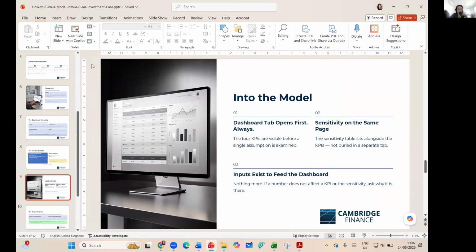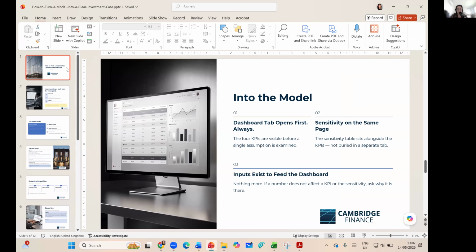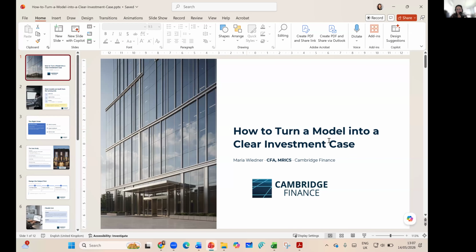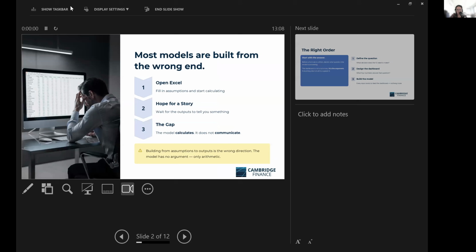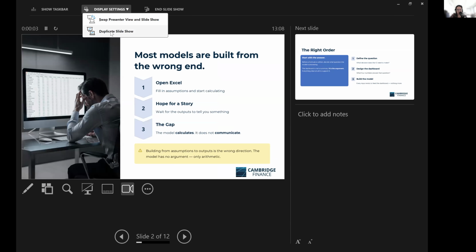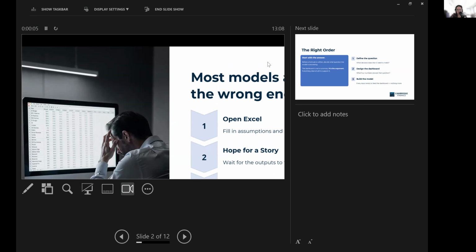So what we want to talk about here is how to turn this scenario, this model, into a clear investment case. Before we even open models, I'm just going to make it the presentation here.